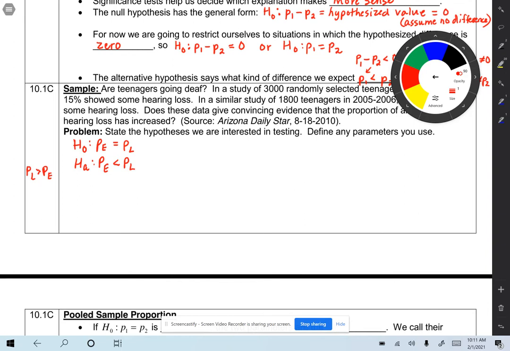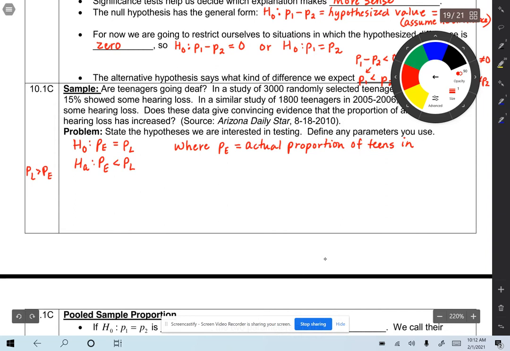I don't like to put everything on the left side, where PE is the actual proportion of teens in 1988 to 1994 with hearing loss.